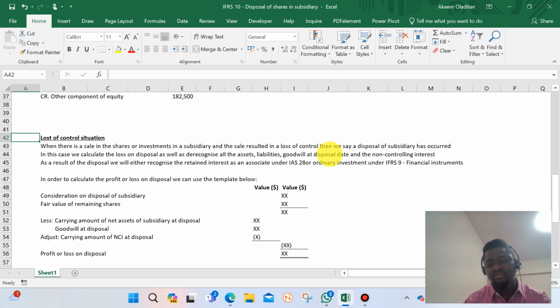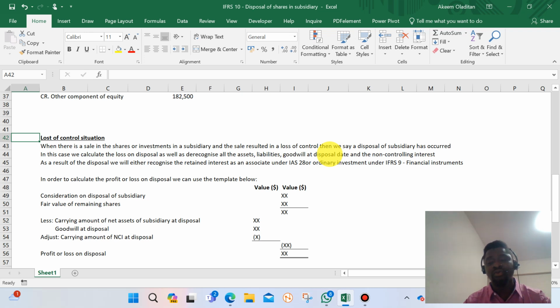Like I was explaining earlier on, having 80% interest in another company, but in this situation we are not only selling 10% of it, we are selling a substantial part, which will result in less than 50% control. When you result in less than 50% control, there could be three different situations.